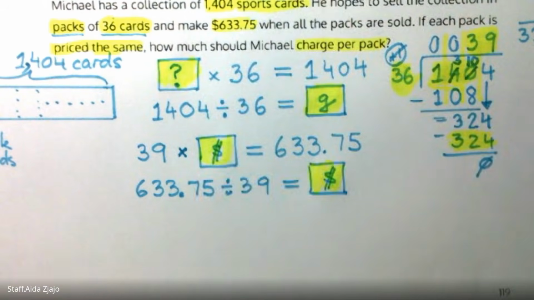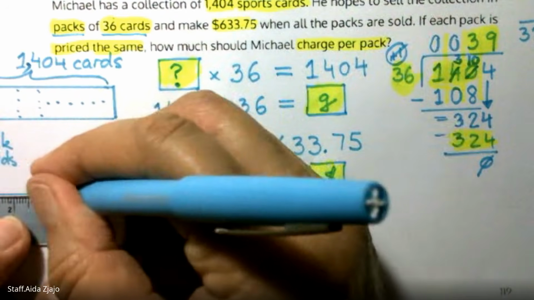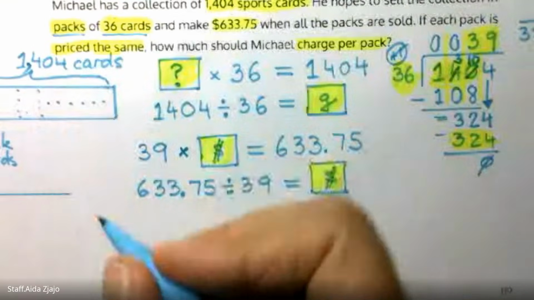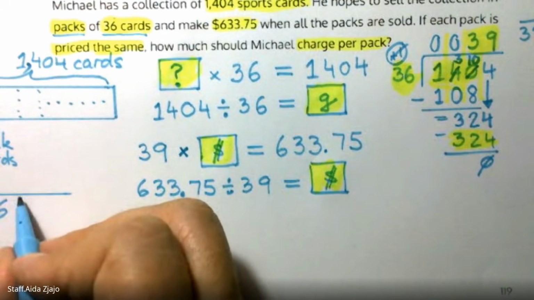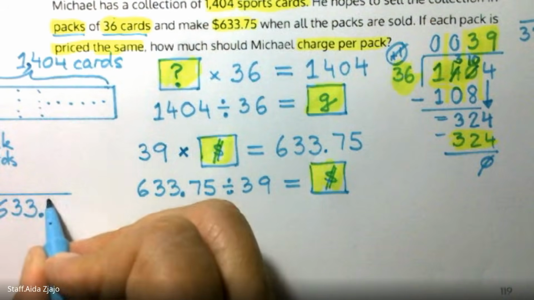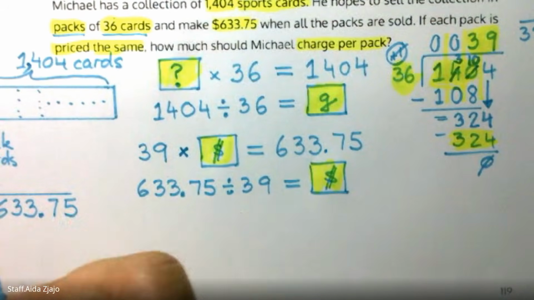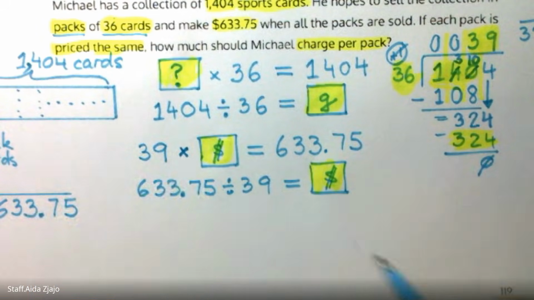So let's have a room here. I'm going to try that. All right, so I'm going to write 633 and 75 hundredths. And then it will be groups of 39.